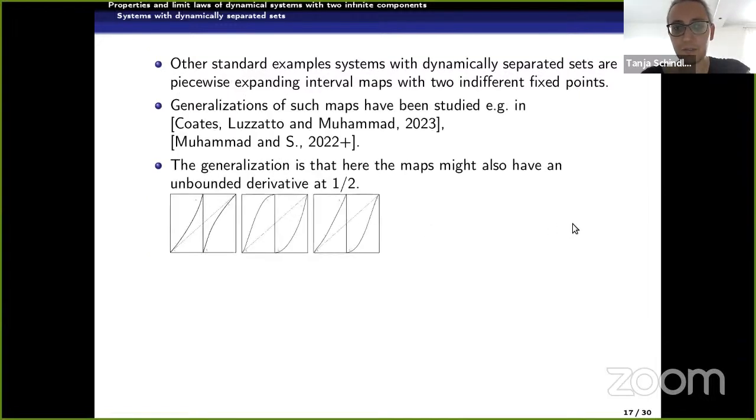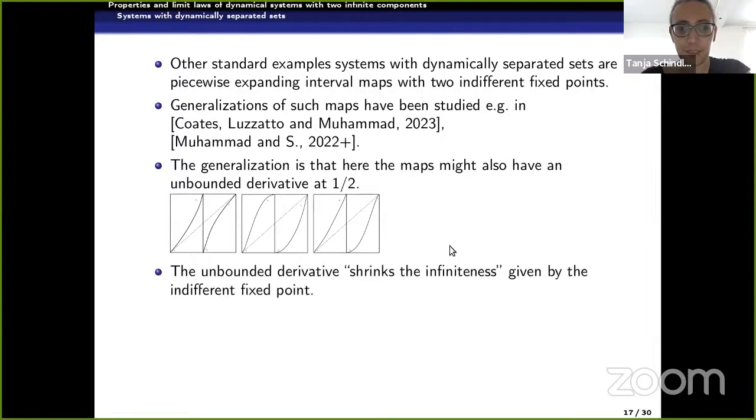These maps might look somewhat like this. In this case, they might not always have an infinite measure, but sometimes also a finite measure. But basically, what is happening if we have an unbounded derivative? It shrinks the infiniteness given by the indifferent fixed point.